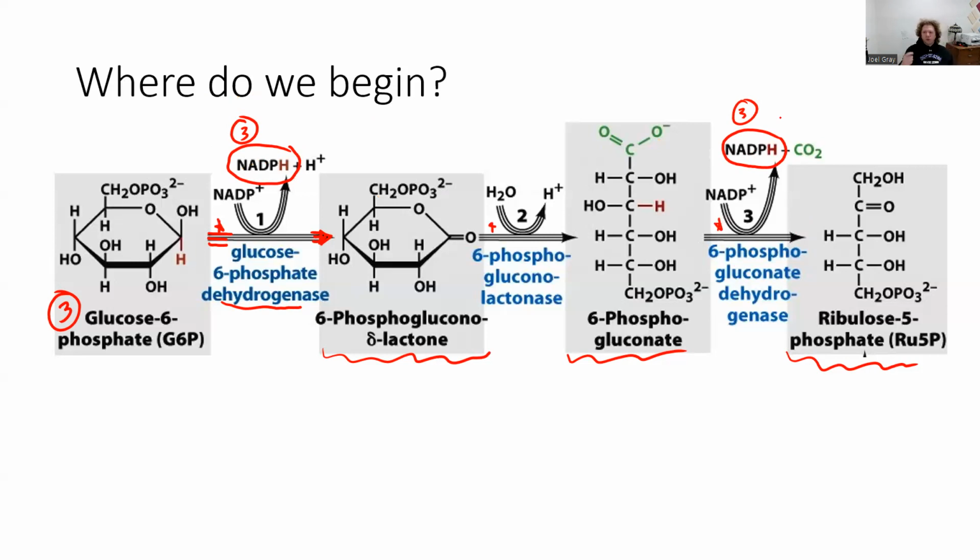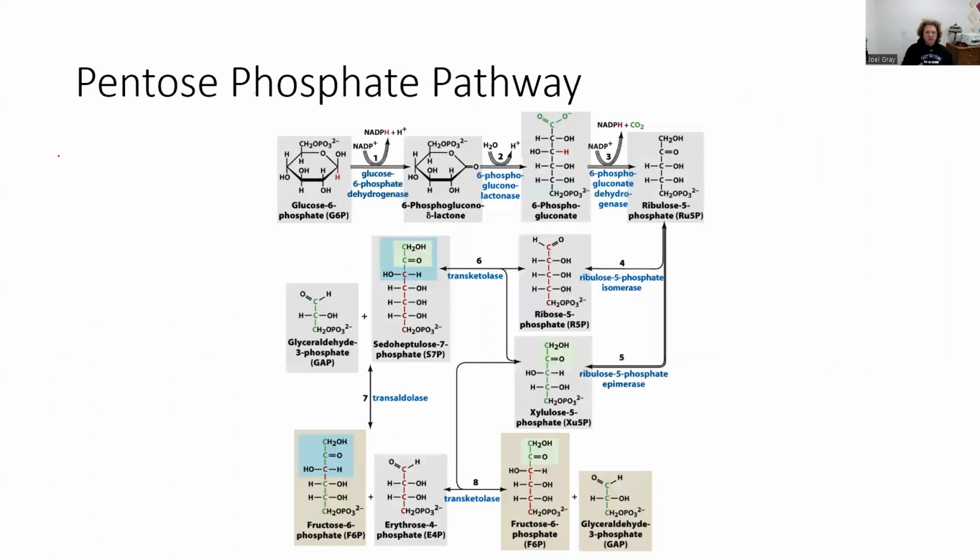We generate a total of 3 ribulose 5-phosphate molecules. What's important to recognize is that this top portion of our metabolic pathway displayed here is what we're focusing in on initially, okay?